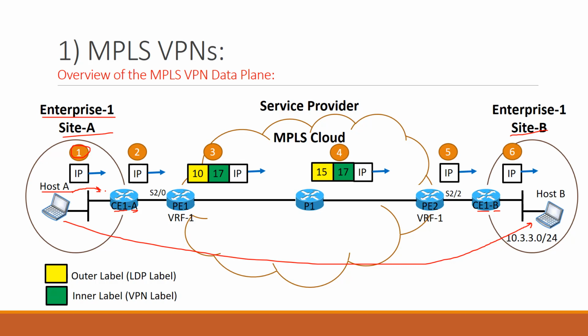It should do the normal routing based on the destination IP prefix and based on the routing table at CE1-A. Once it decides that it should forward the packet out of this interface, it will send an unlabeled packet because, as we discussed before in the first video, the customer edge routers have no awareness of MPLS.